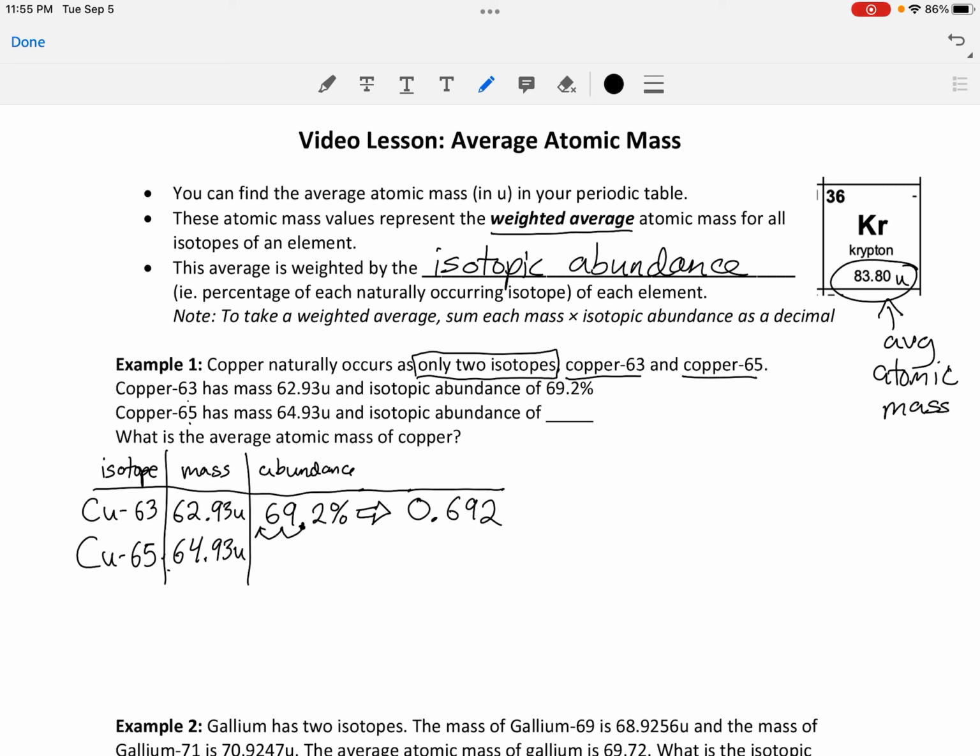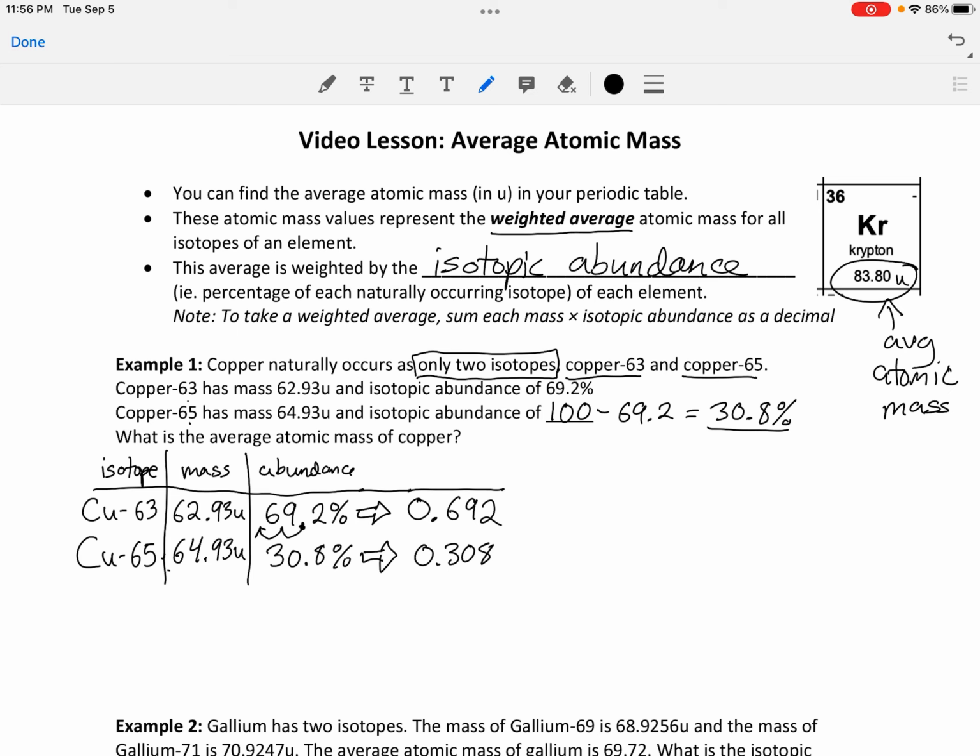So if 69.2% of it is in the form of copper 63, well, then the rest must be in copper 65 form. So if I do 100% minus 69.2%, that should give me how much is in copper 65 form, which is 30.8%. So that's the isotopic abundance of copper 65. It's the rest in this case. So that's my chart with all the information.